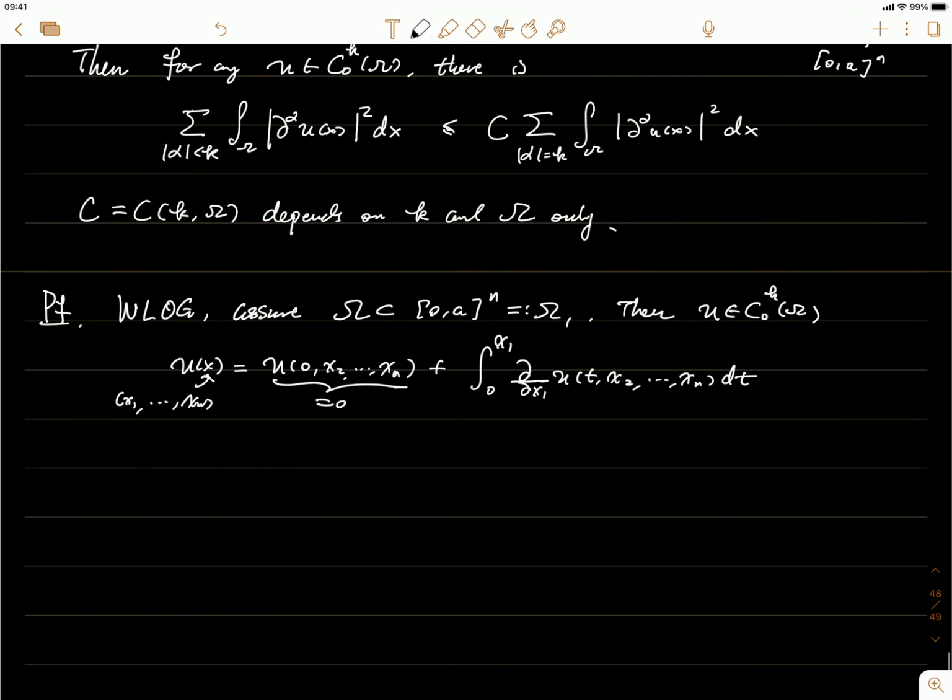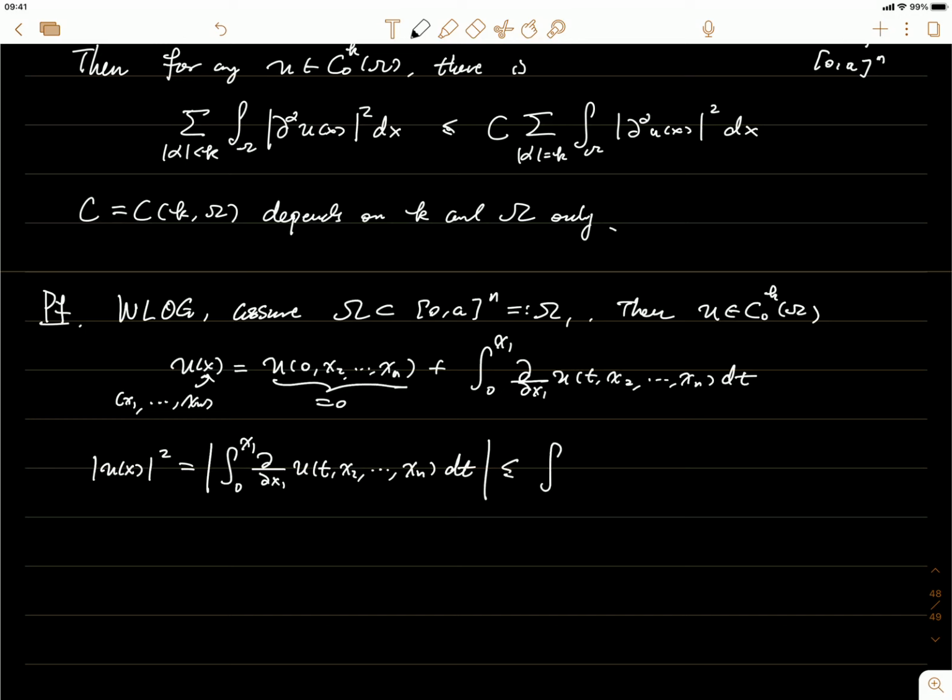Now we can take the square, and it is just the square of this integral. Remember that x2 through xn are fixed.